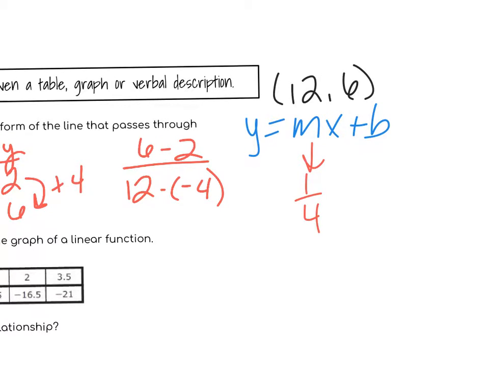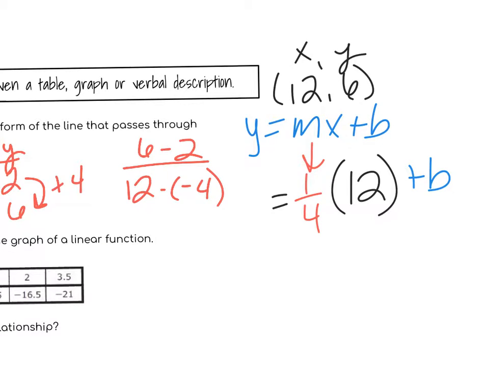I'm just going to keep it a fraction. I know my X is 12, X and Y, right? I don't know B, that's what I'm looking for. But I do know that my Y is 6. Okay, so now I'm just going to clean this up. 1/4 of 12 is 3.